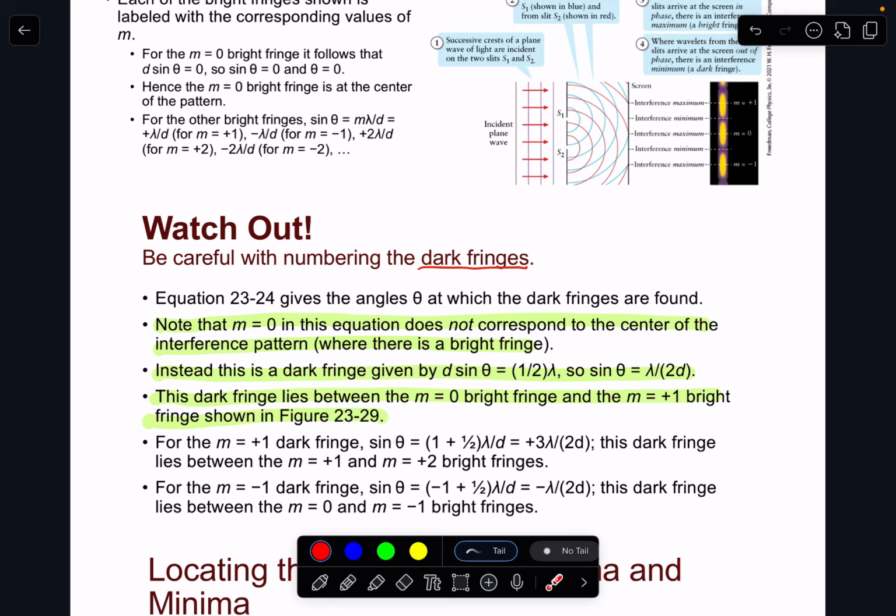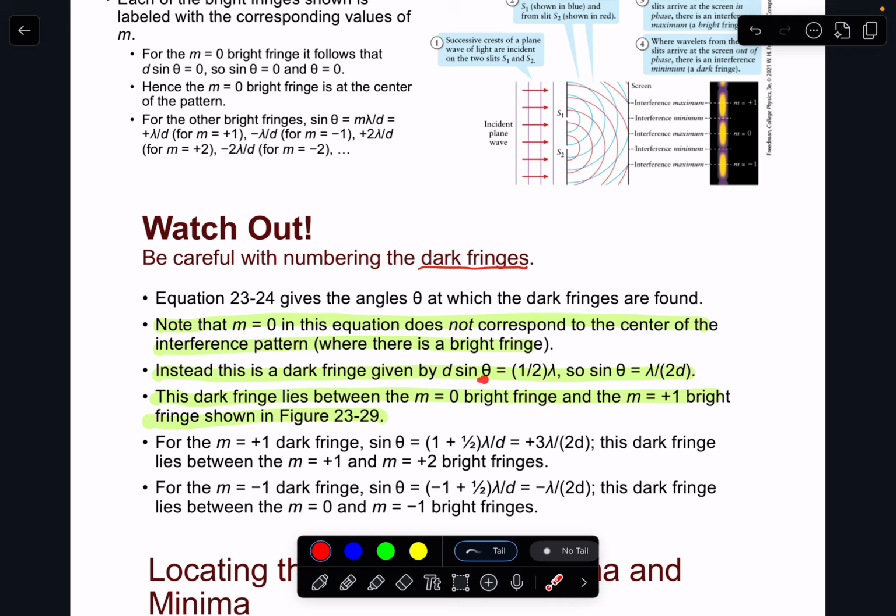Well, if you plug in m equals 0 into the dark fringe equation, the destructive interference condition, it does not correspond to the center of the pattern, right? It's going to correspond to the first dark fringe. And that dark fringe happens at half a wavelength, right? If we plug m equals 0, what we get is 1/2.